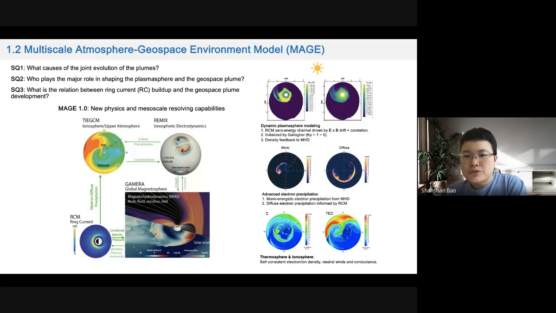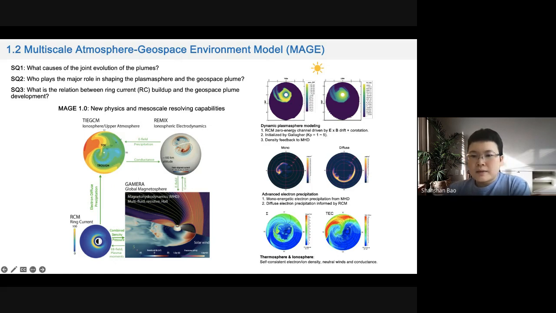For the diffuse precipitation, it is informed by the Rice Convection Model. Basically, it includes wave particle interaction causing the thermal electron to scatter into the loss cone.